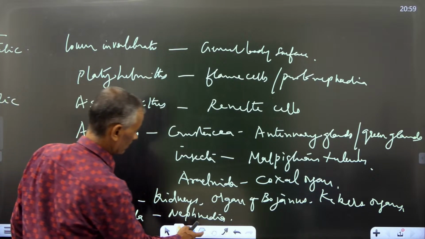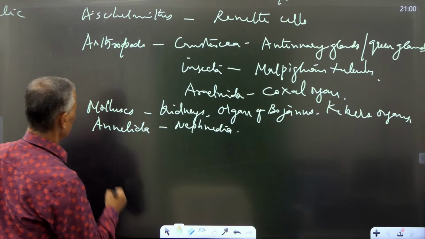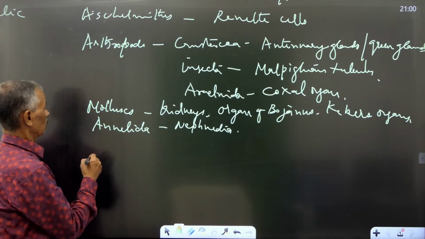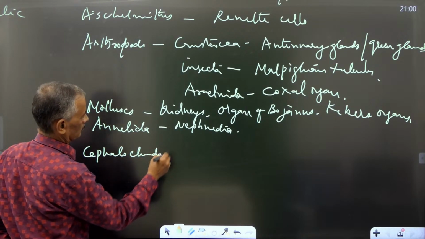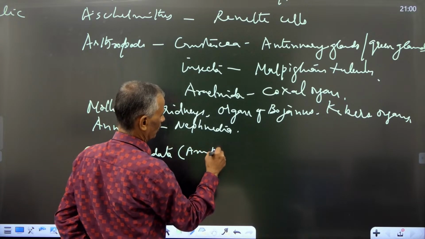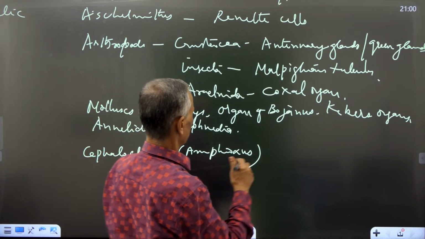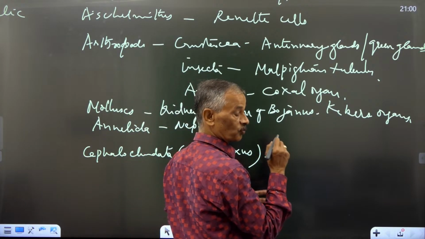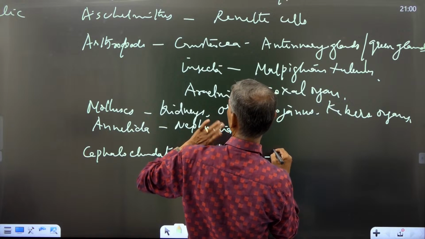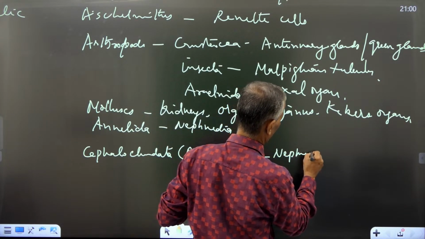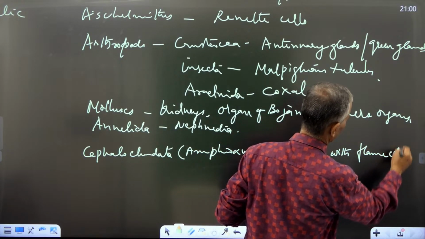Then in cephalochordata, Amphioxus is the example, you have a specialized structure called nephridia, with flame cell-like structures.